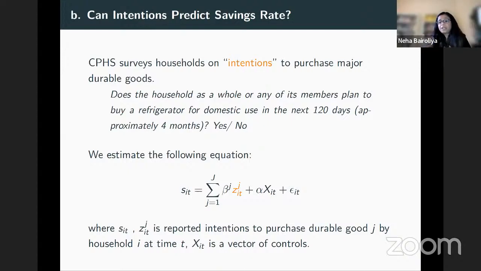So are they responding yes or no in terms of their intentions to purchase, let's say, a refrigerator or a two-wheeler or a car? And we want to see how that impacts the savings rate. So the beta_j is the object of interest over here. And then we have a whole bunch of controls.